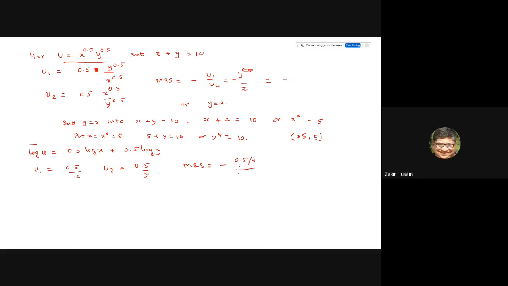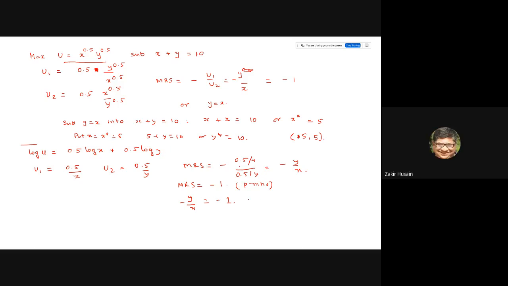Minus y by x, right? MRS is equal to price ratio, which is equal to 1, right? So what will be x star, y star? It is going to be the same, 5 and 5.